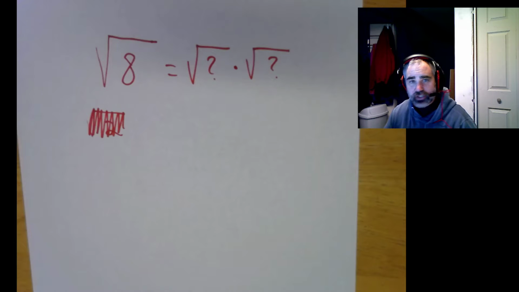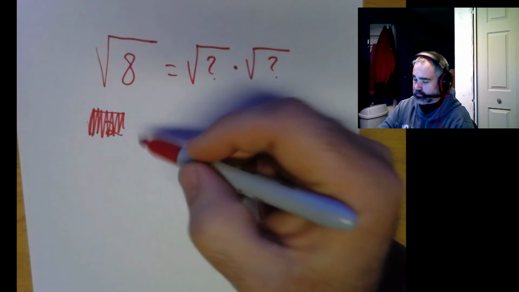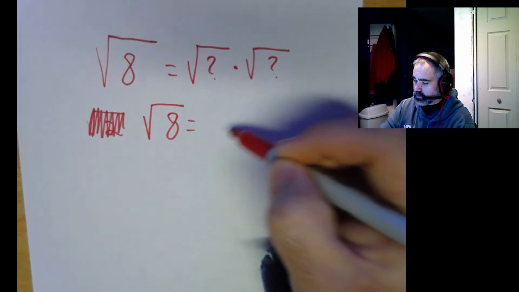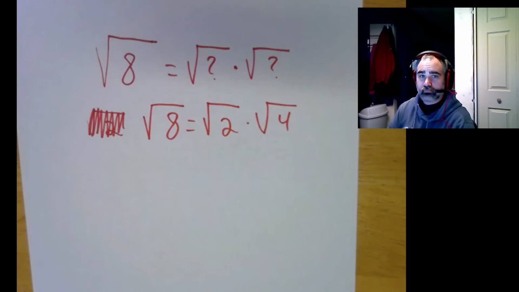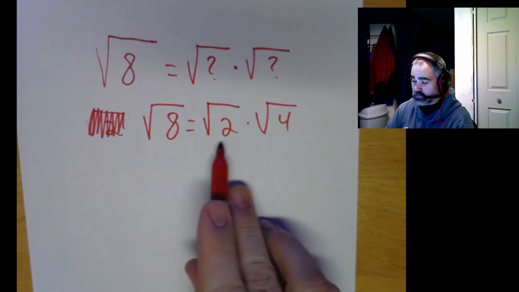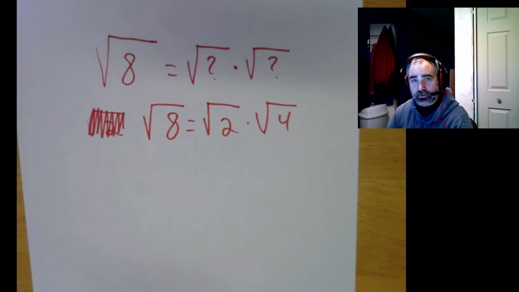And there's a bunch that you can pick here. But I'm hoping that you saw that I could fit in here: the square root of 8 equals the square root of 2 times the square root of 4. Correct? Because I can multiply square roots together, and that equals the square root of 8.